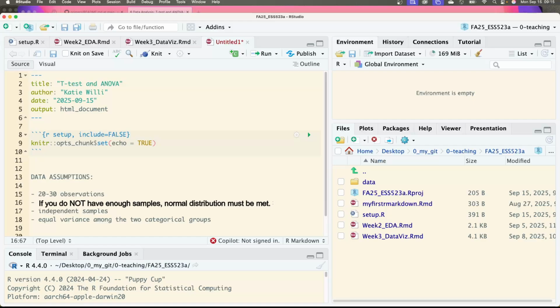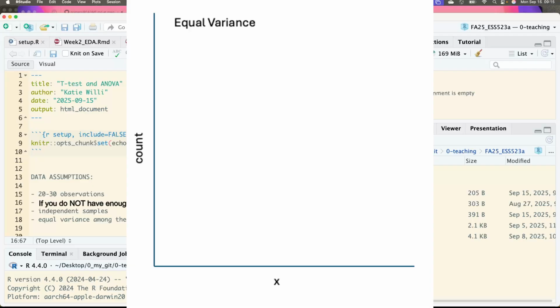I'm going to go to the whiteboard because I don't know how I'm going to be able to write this without just showing you the difference. Can anyone even see that in the back? No? Okay, I'm going to make this really, really big. So this just says equal variance.